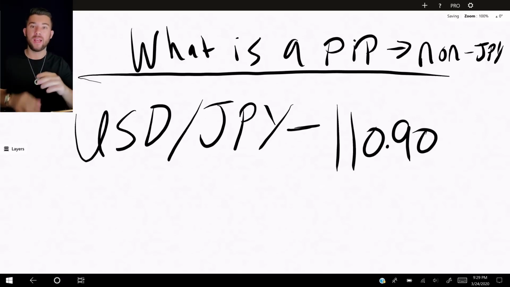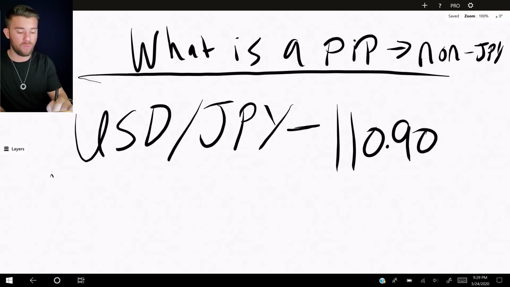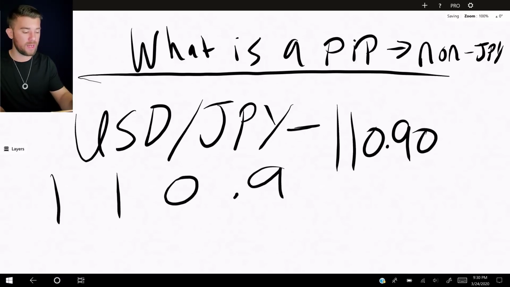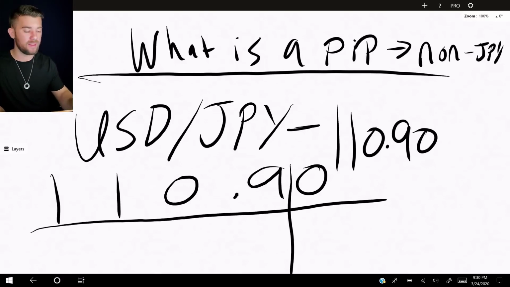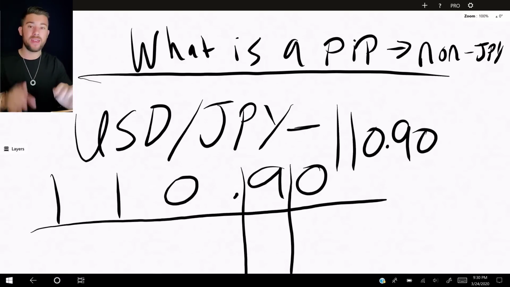What do I mean by that? Let's actually draw the graph right now so that we can make this as easy as possible. We have 110.90. Okay, if we draw our same graph, this is what it looks like now. Now, our 1 pip is the second decimal place.